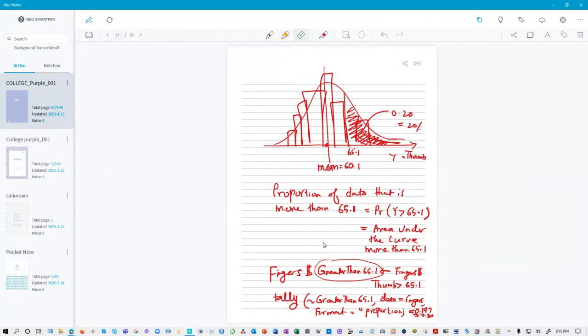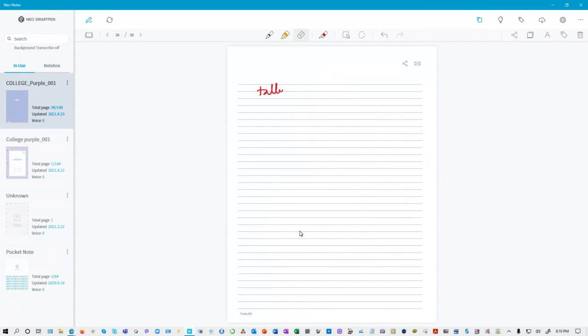You can explain that in any way you want. And in the same way, when you write the tally, if you want, you can simply go straight to the fingers and then greater than 65.1, comma, format proportion, rather than calling for data. That would give you 0.20 or 20%.